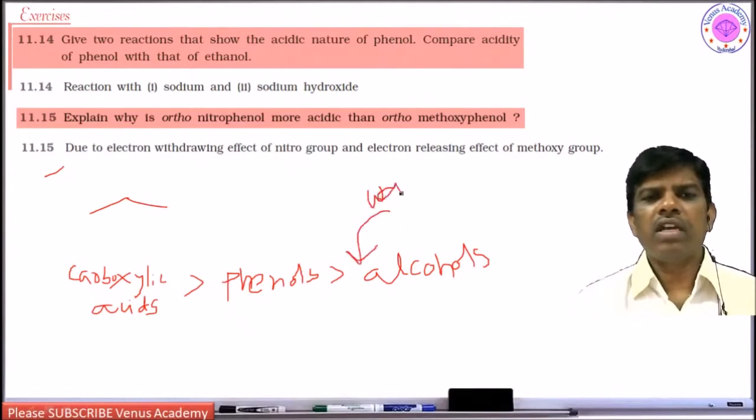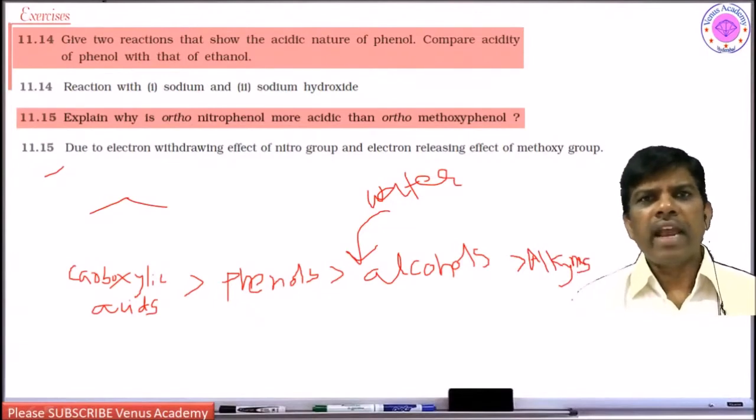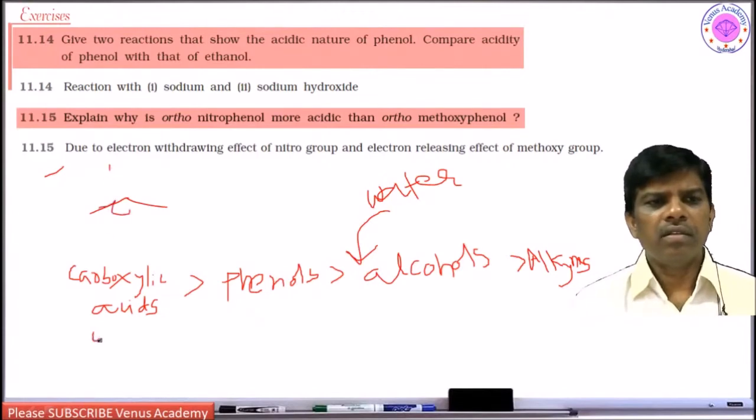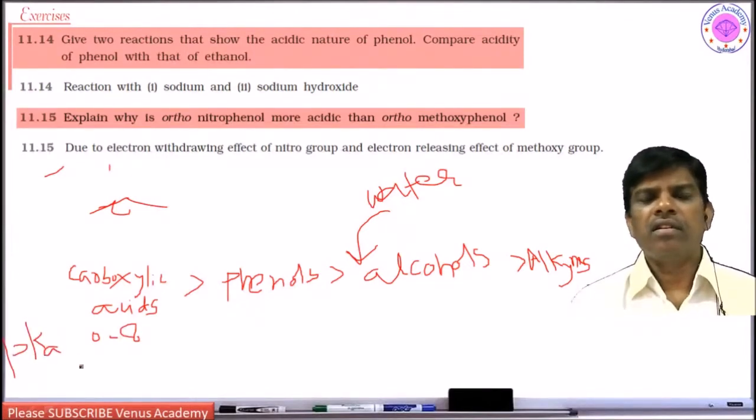So water is more acidic than alcohols, then alkynes. So if I write the pKa values of these compounds, carboxylic acids' pKa values are 0 to around 8, and if you remember, the lower the pKa value, the stronger the acid.